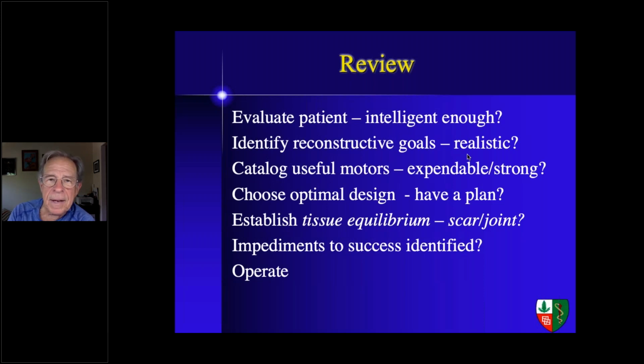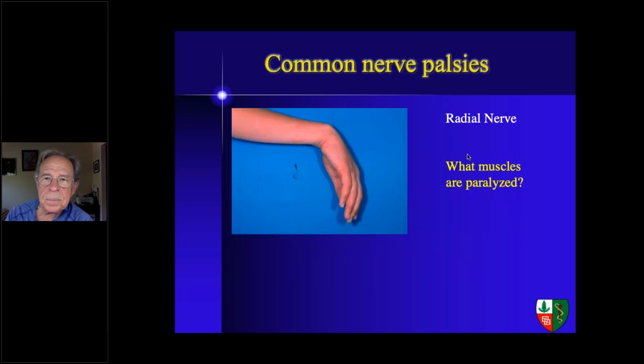Make sure that we've established tissue equilibrium between scar and joint motion. Make sure we've identified all the impediments to success. In other words, for example, if the patient has to go right back to school and can't do any therapy, maybe that patient ought to wait until they can afford the time. Once we've satisfied these, then we can operate.